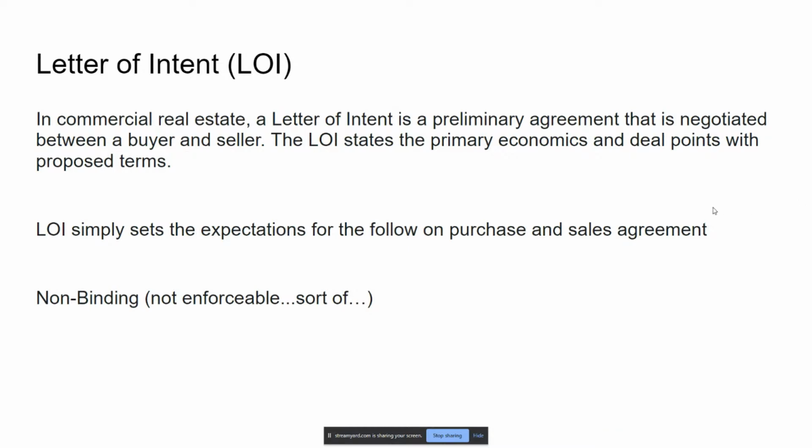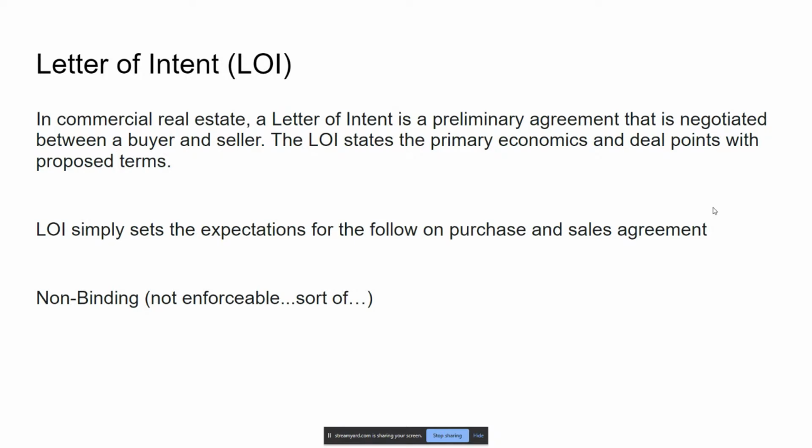All right. So, a letter of intent is similar to a handshake or a gentleman's agreement, right? It's a little bit more important than that. You can see at the bottom it says non-binding. Sort of, it depends on the state. In the state of Florida, for example, you don't need a written agreement to have a formal, legal contract.